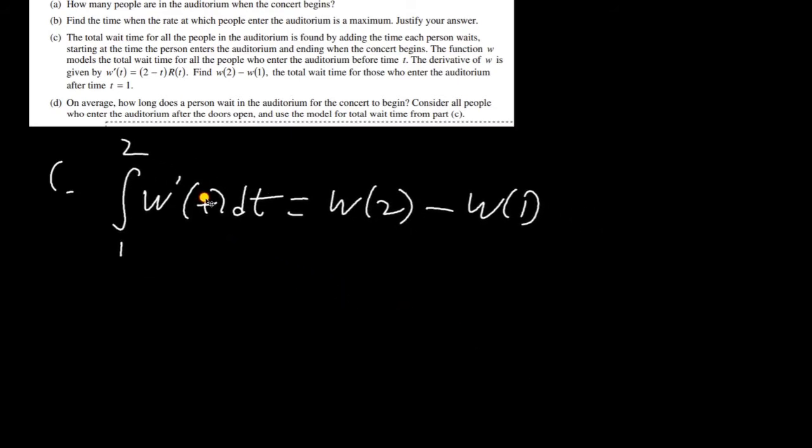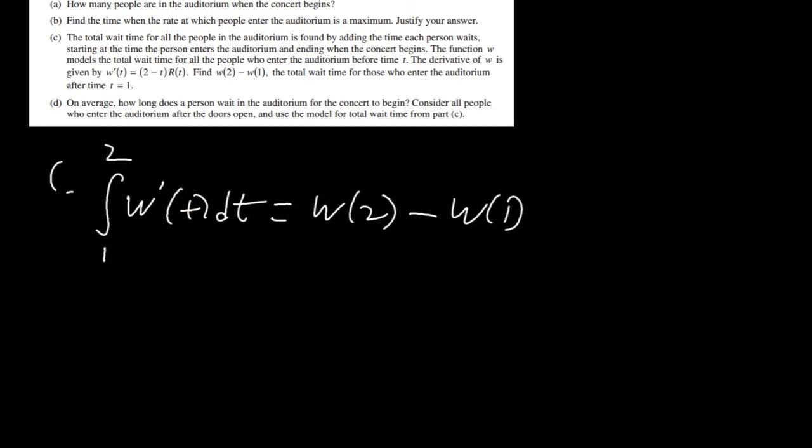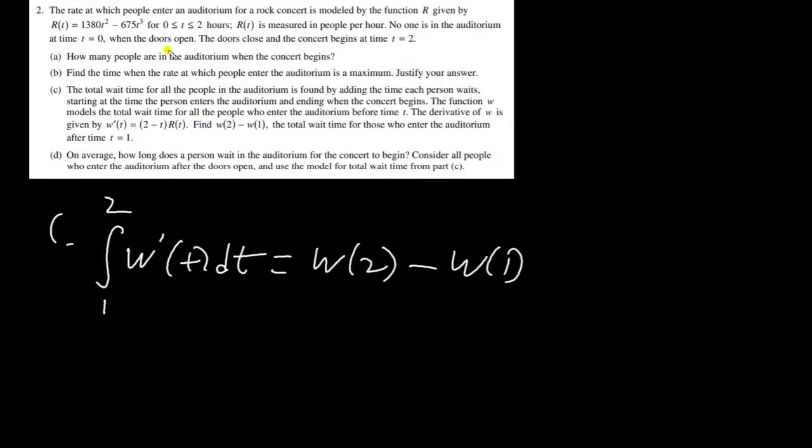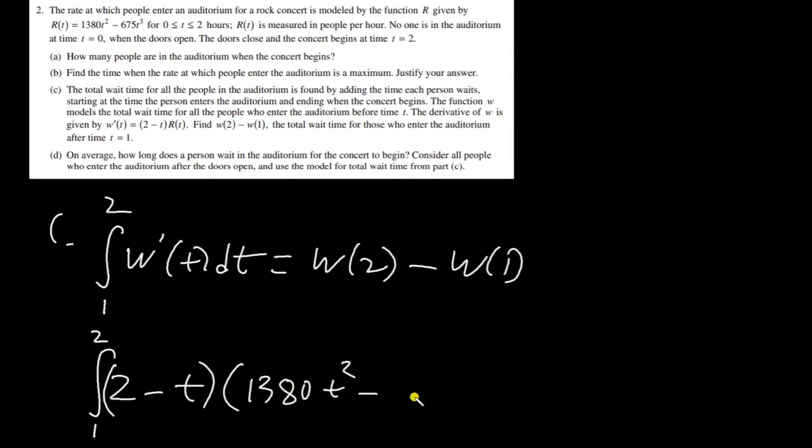Okay, so how do we evaluate this, right? We know what W prime of t is. It's 2 minus t times R of t. Well, we know what R of t is. It's this. So we just have to plug those in, right? So W prime of t is going to be 2 minus t times R of t. Well, R of t is 1380 t squared minus 675 t cubed, dt.